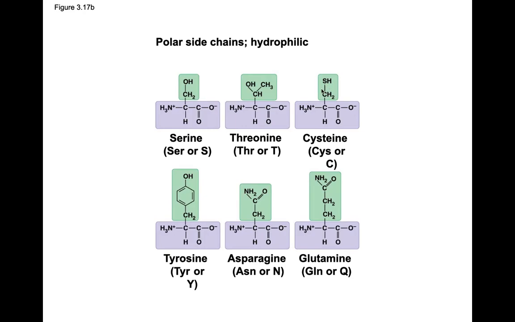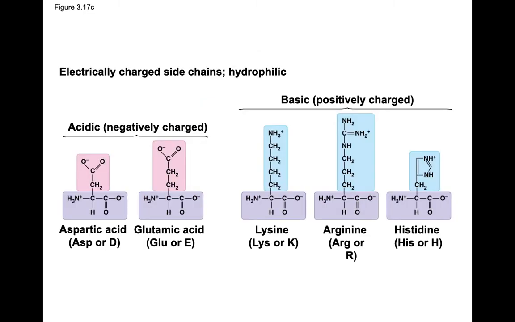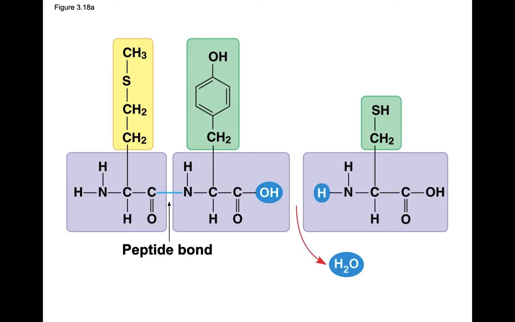Notice that we have some oxygens and some nitrogens, so atoms that tend to be a little bit more polar in their nature when it comes to elemental sharing. And then we can have negatively charged or positively charged molecules where atoms either have gained or lost electrons, giving them a slightly different flavor than just the water-loving or water-fearing R groups.